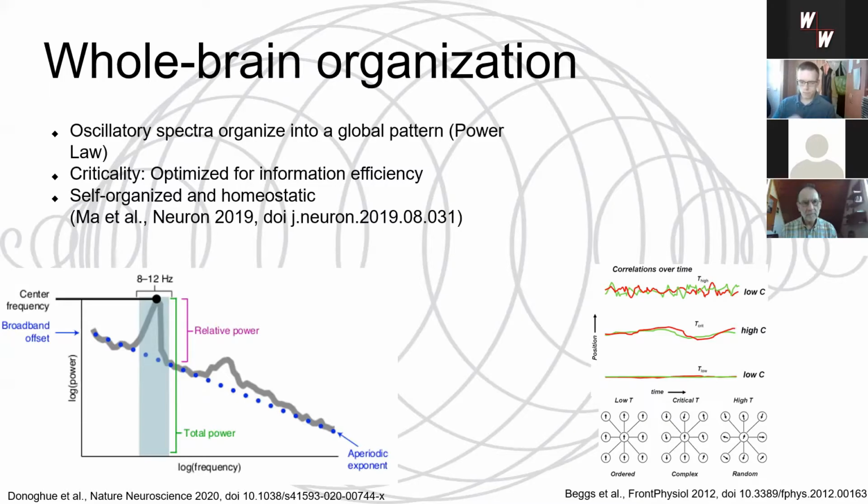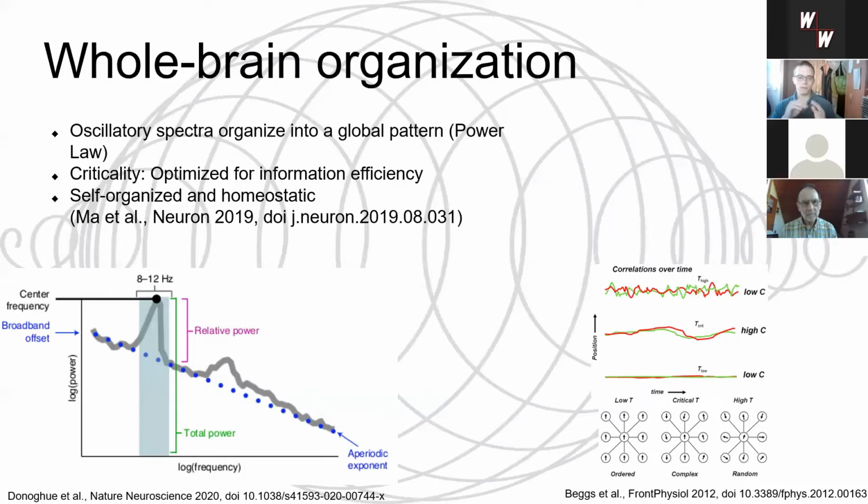And what you will always see in brains, in humans and animals, is this pattern. When you plot it on a double logarithmic scale, the spectrum will look like a linear decline over frequencies. The slower frequencies are strongest, and the higher you go on the spectrum, the weaker the power becomes.